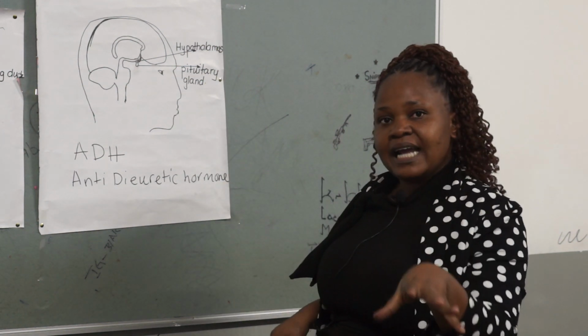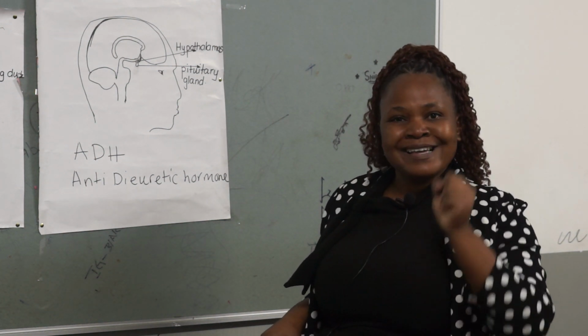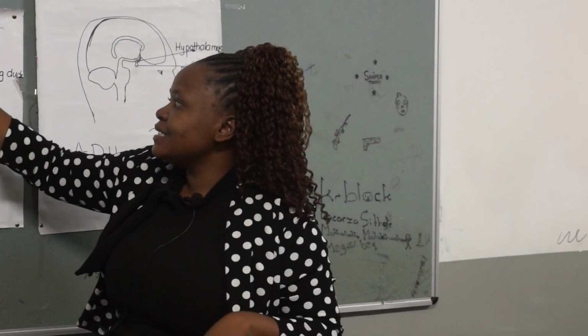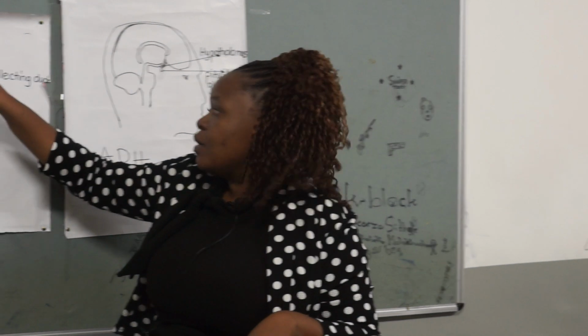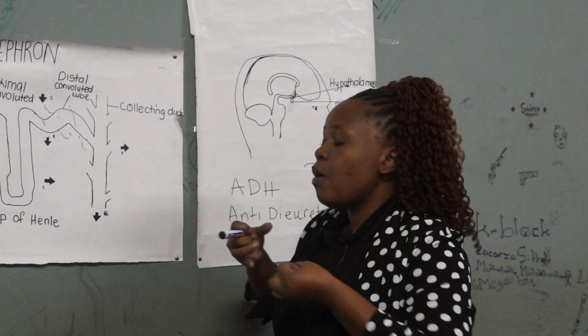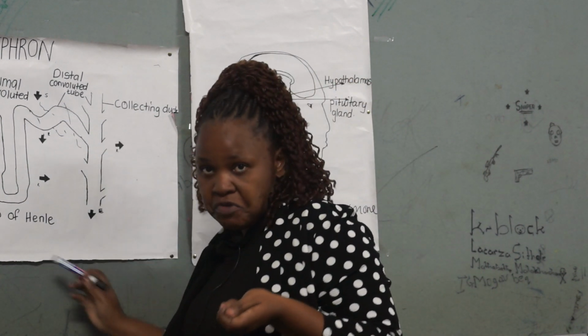The pituitary gland now will stop releasing the hormone ADH. Why? Because ADH is causing the distal convoluted tube and the collecting duct to reabsorb more water from the filtrate, which is going to form urine.